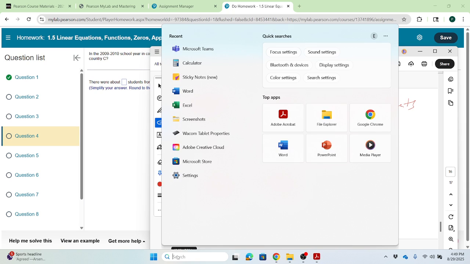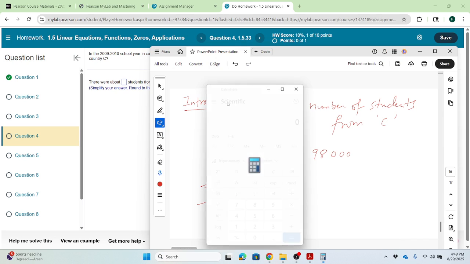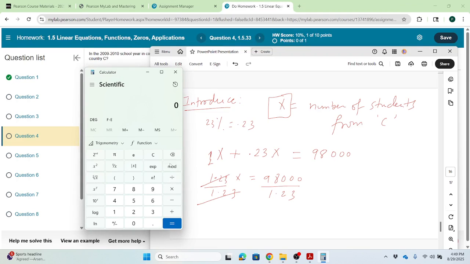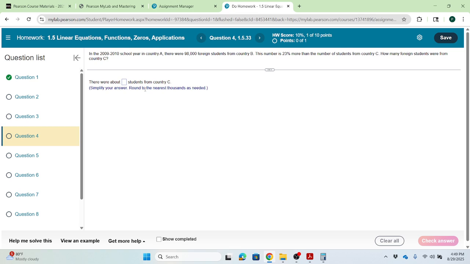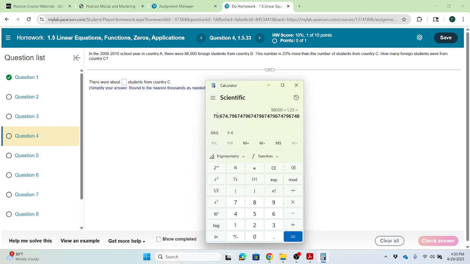I'm going to just type it into a calculator here, 98,000 divided by 1.23, and that gives me 79,674.79. But this is the number of students, so we have to round the number to the nearest thousand.